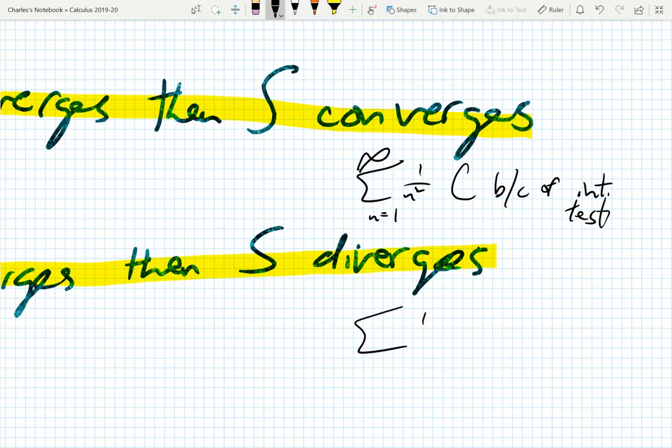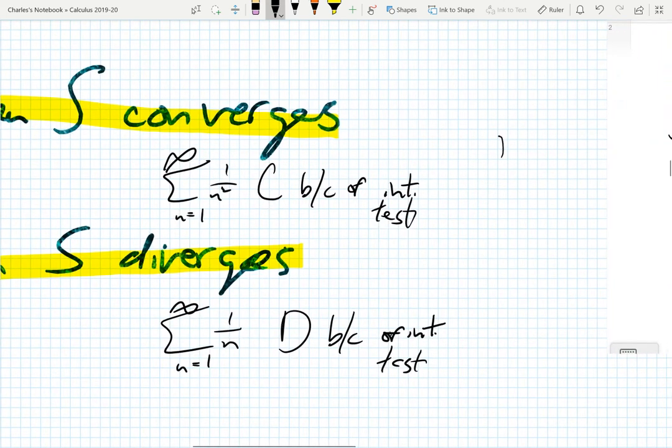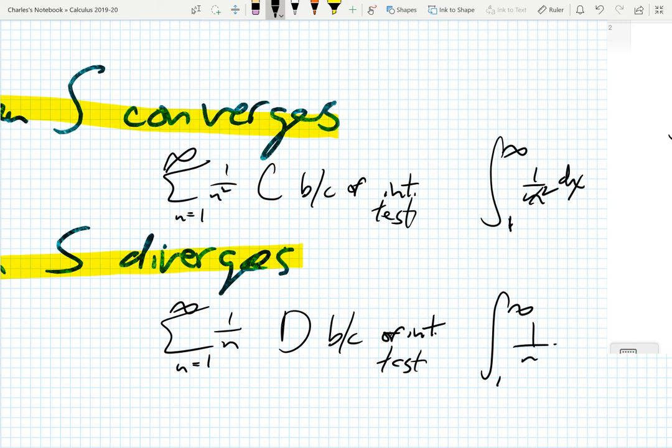And if I had the sum of 1 over n, n equals 1 to infinity, you could say this diverges because of the integral test. And by the way, what you would want to show in the integral test is, in this one, the integral from 1 to infinity of 1 over x squared dx, and in this one, the integral from 1 to infinity of 1 over x dx.